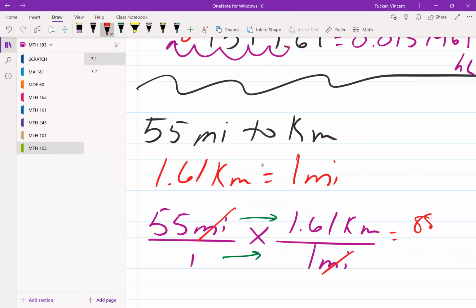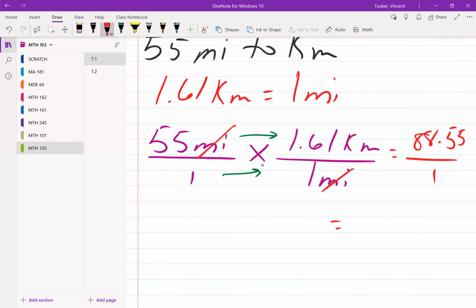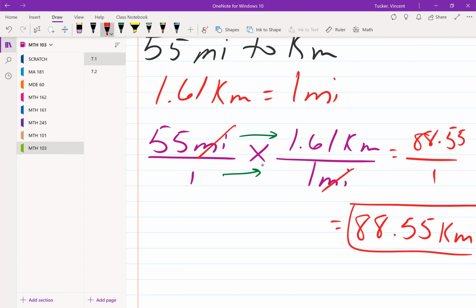That'll be 88.55 on top, 1 on bottom, which will give us a final answer of 88.55 kilometers. So once again, just reverting back to the technique that we talked about in the beginning of the section, using your fractions in a proper way.